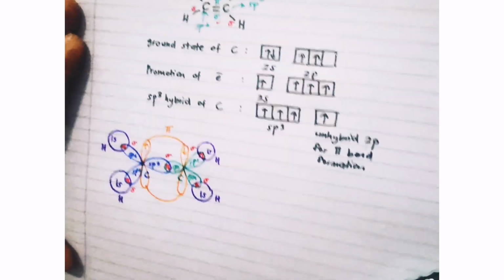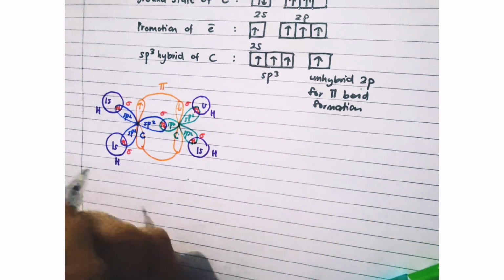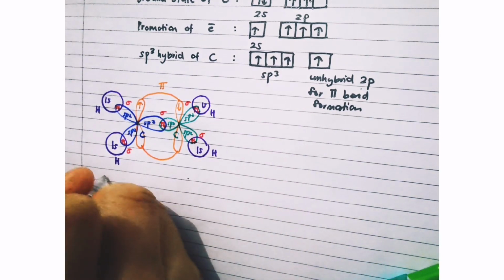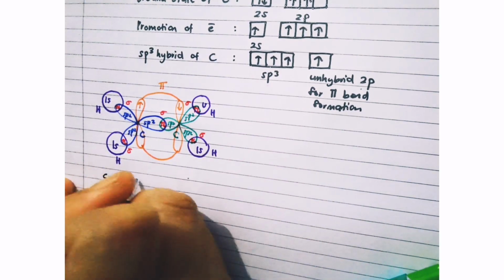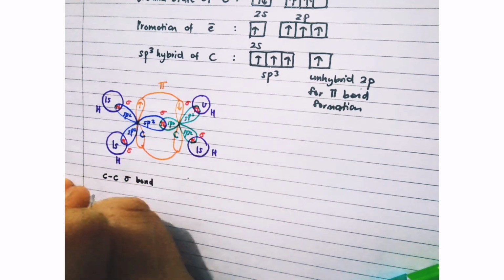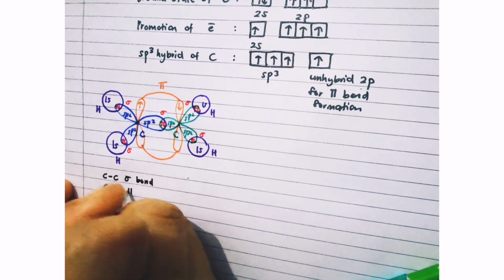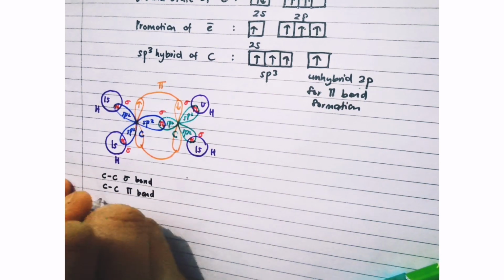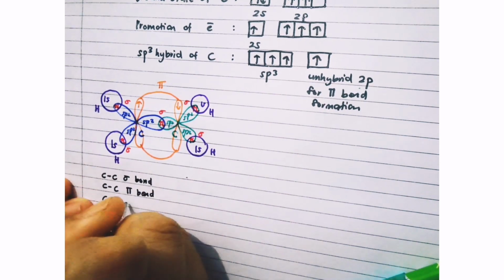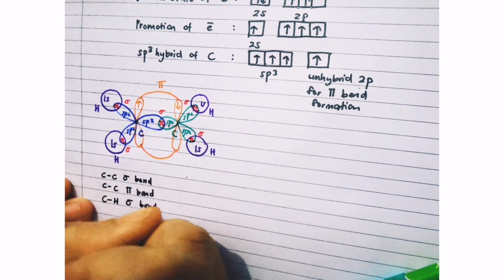Now look at the diagram. From the diagram, we have a CC sigma bond, a CC pi bond, and we also have a CH sigma bond.